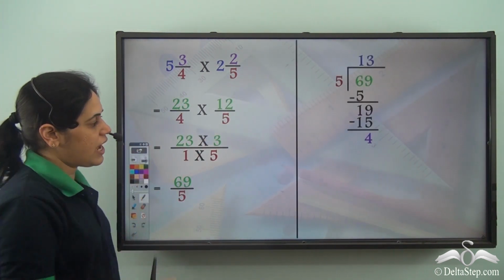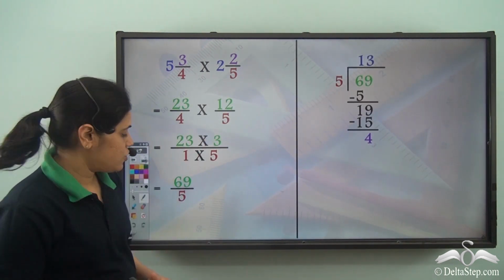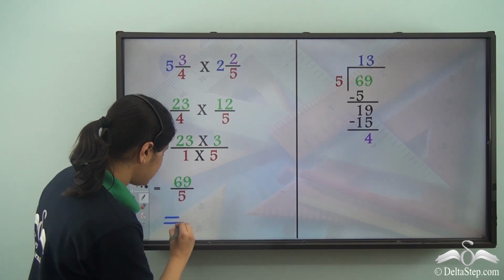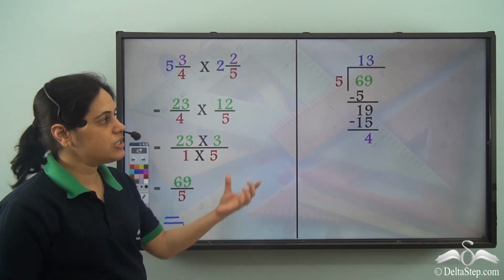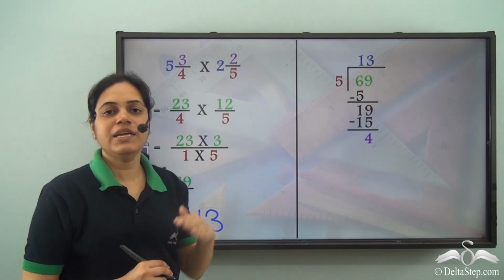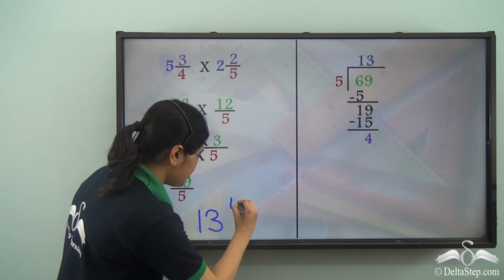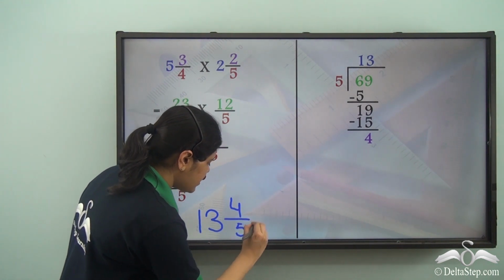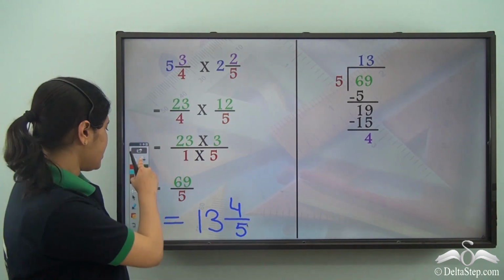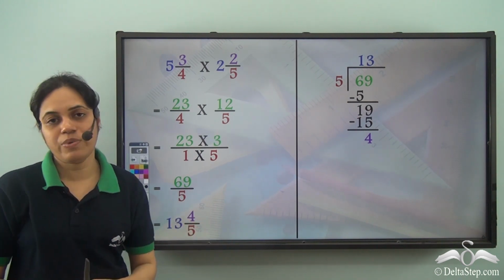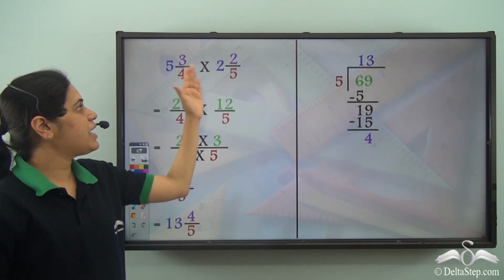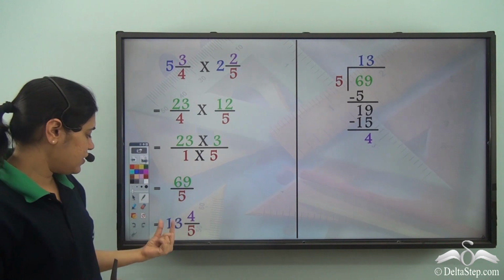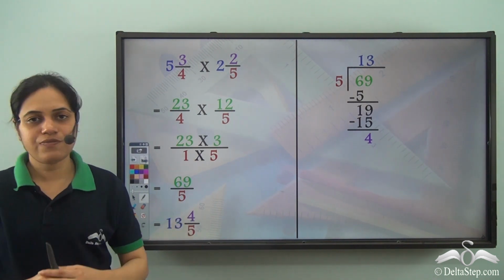So now this can be written as first the quotient, which is 13, and then remainder by divisor. The remainder is 4 and the divisor is 5. So the answer is 13, 4 by 5. So when I multiply these two mixed fractions, the answer is 13, 4 by 5.